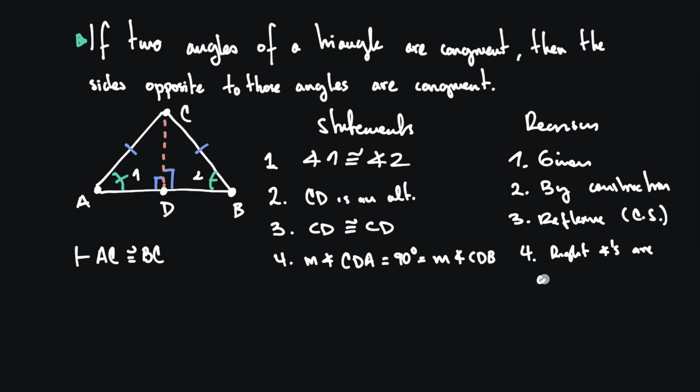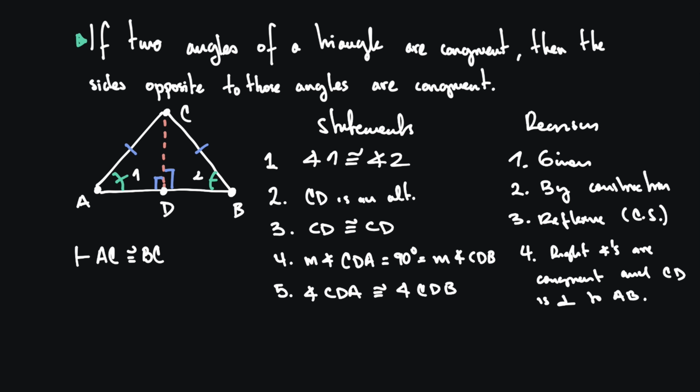Because CD is an altitude, CD is perpendicular to AB because it's an altitude, right? So everything is equal. So by the same conditions that we're given here, by the definition of congruence, we know that angle CDA is congruent with angle CDB, obviously, right? This is by definition of congruency.